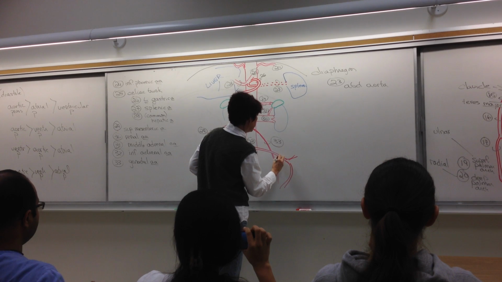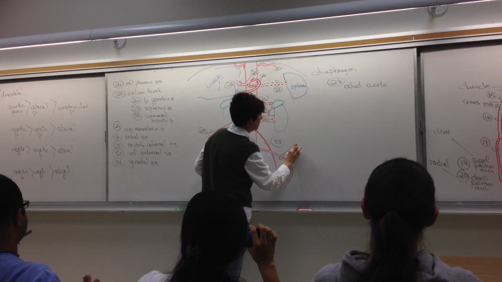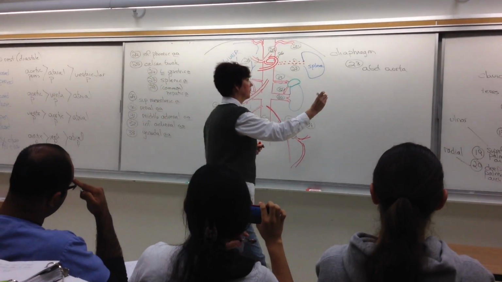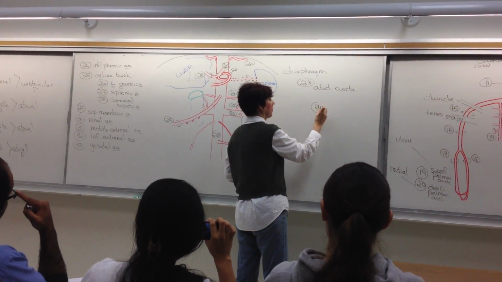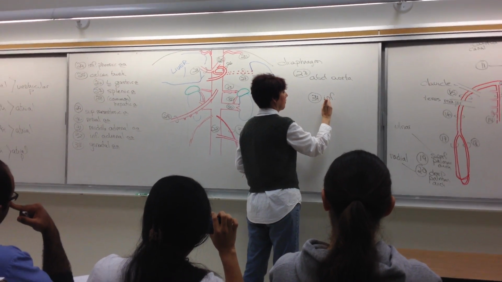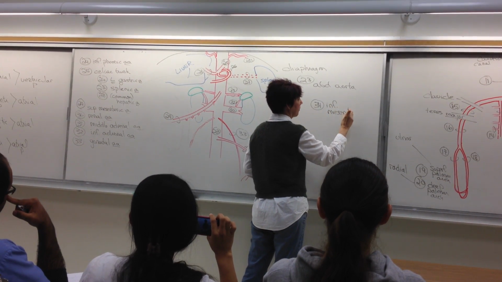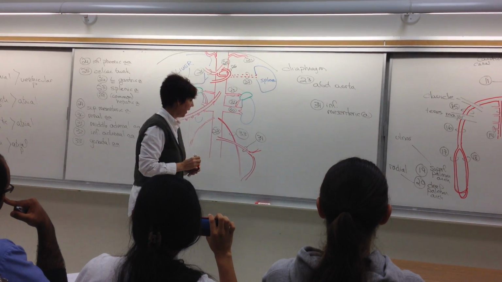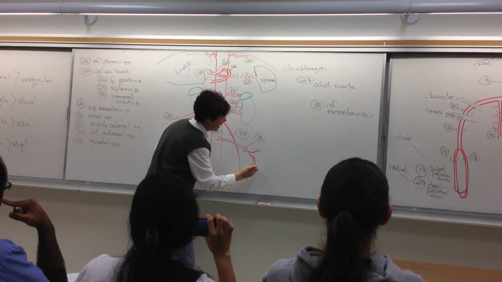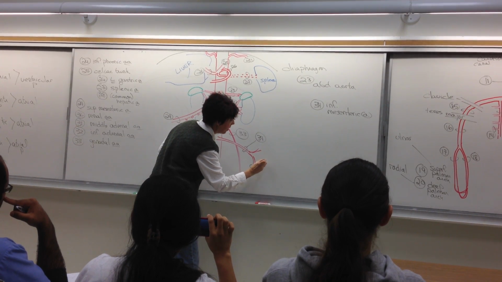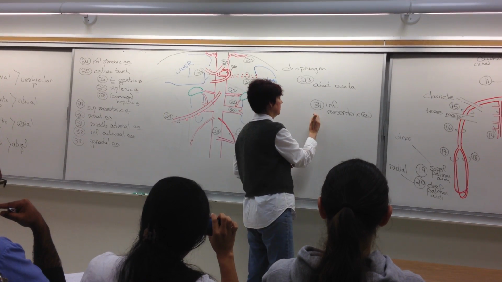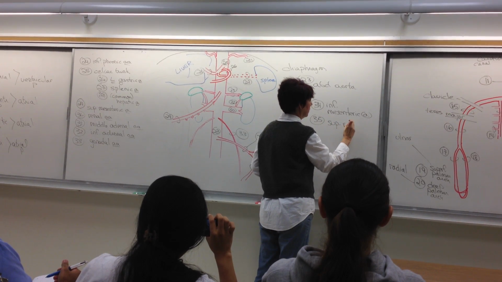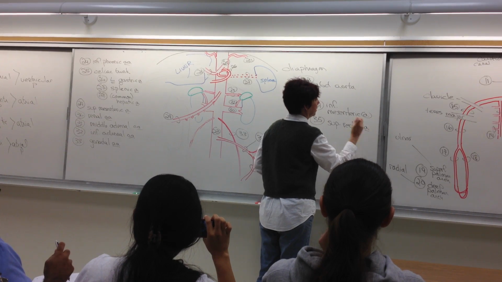So 34 is going to be the inferior mesenteric artery. And one of the branches off of the inferior mesenteric artery going to the top of the rectum is known as the superior rectal artery.